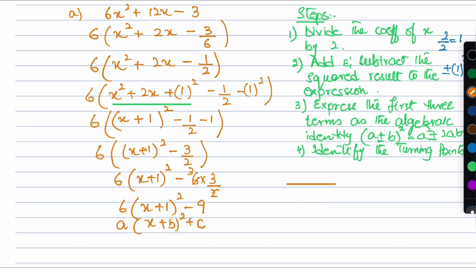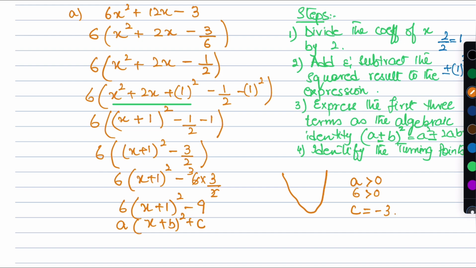That is because the coefficient of x square is positive. So this is the curve that I should have at the moment. Also, it's because a is greater than 0; 6 is greater than 0 in this case. And I also know that my y-intercept is minus 3.